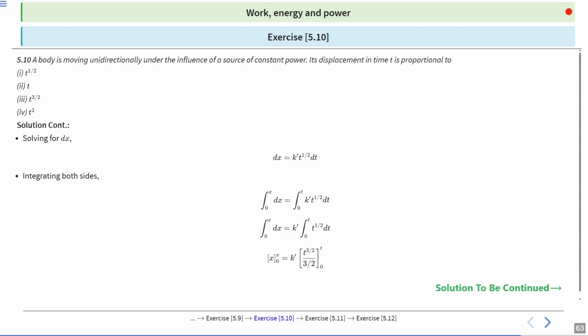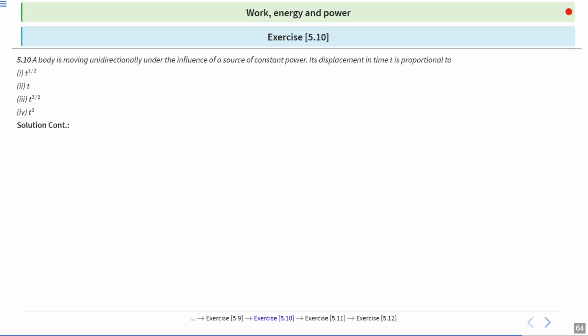Solving this, x minus 0 is equal to 2 by 3 k prime t raised to the power 3 by 2 minus 0. So x is equal to 2 by 3 k prime into t raised to the power 3 by 2. So x is directly proportional to t raised to the power 3 by 2. So this is our correct answer. Clear?